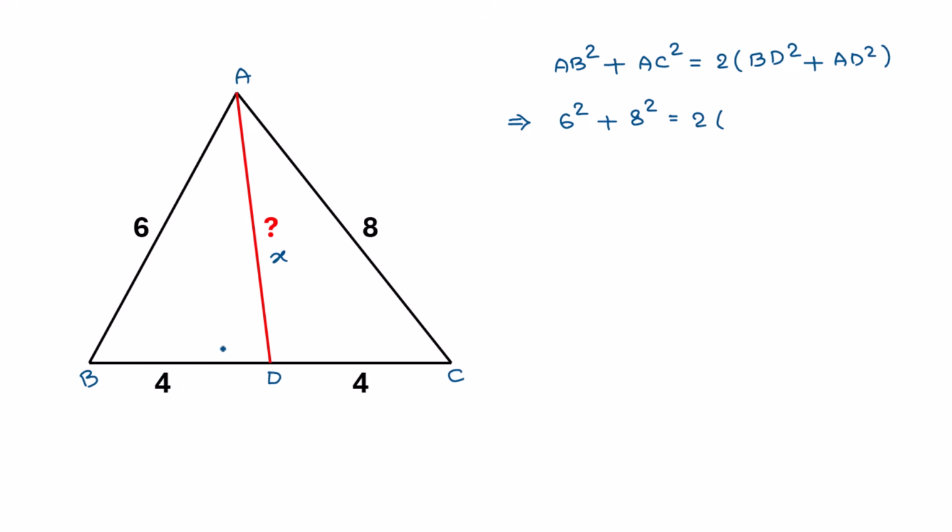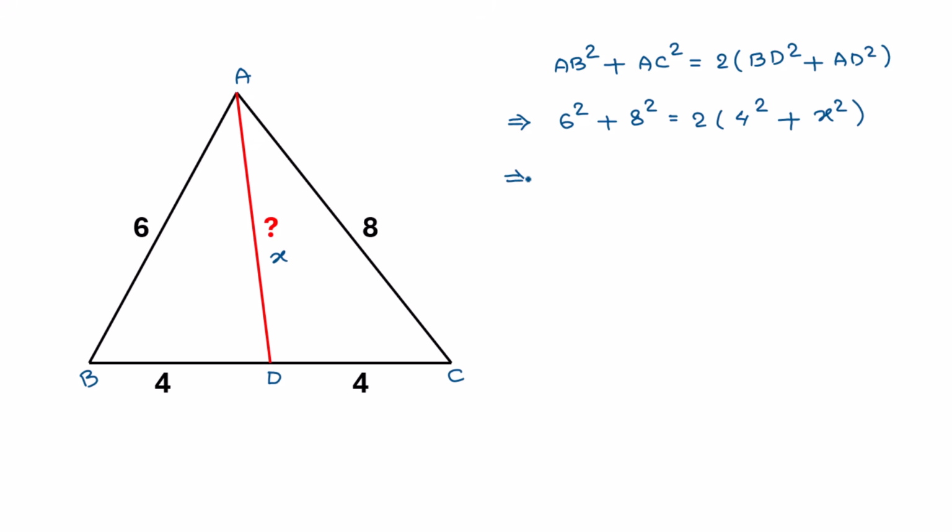BD is 4 unit, so 4 square plus AD square, this unknown length, which is considered as X. So we can write X square. We have to find the value of X from this equation.